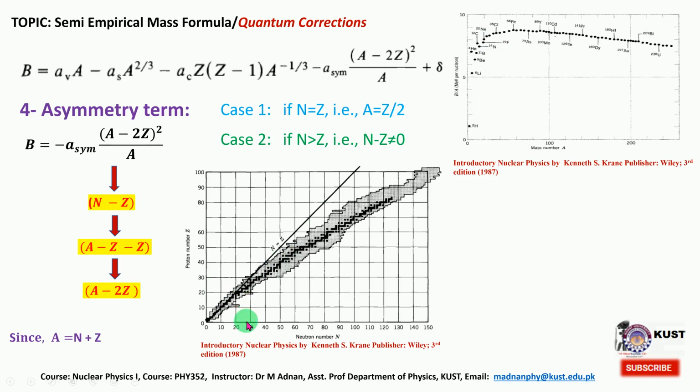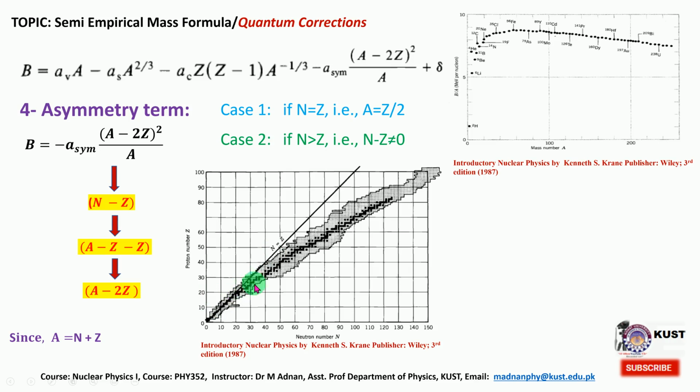That is, beyond this point, all the stable elements have more neutrons than protons. As I have explained, due to the Coulombic repulsion, stability requires more neutrons. Since this dark pattern lies below this N equals Z line, all these elements beyond this, up to this point, the neutron number and the proton number are equal because it is along this line.